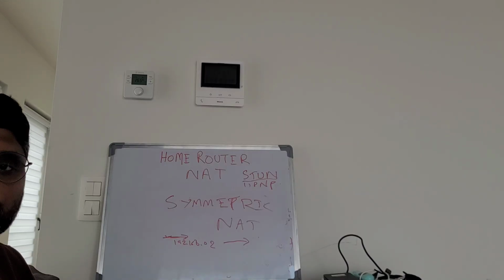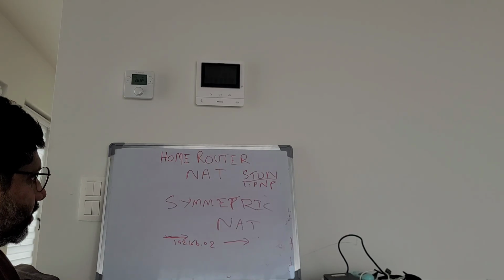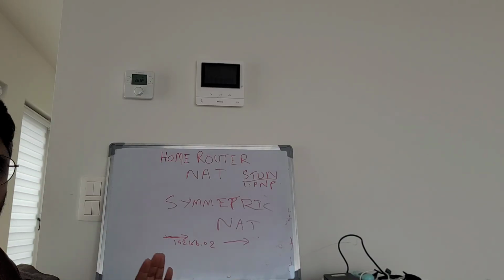So that's why we will use a VPN mechanism to solve the symmetric NAT problems for direct peer-to-peer voice calls and peer-to-peer gaming sessions. So these are the different NAT types that we have.